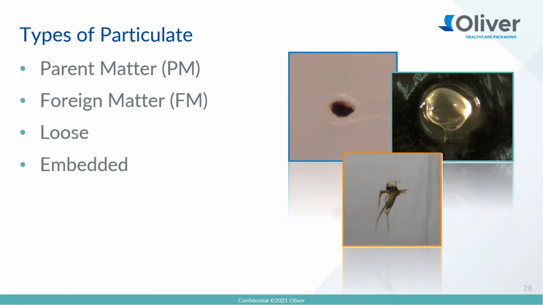Those are more favorable situations, and therefore there is less risk, versus loose foreign matter, for example. Foreign matter could be just about anything. It could be hair, it could be bugs, a wide variety of foreign matter. And if that is loose, then that is the worst case scenario.